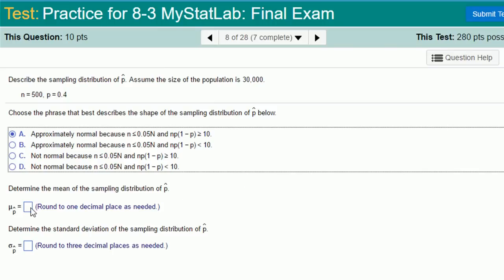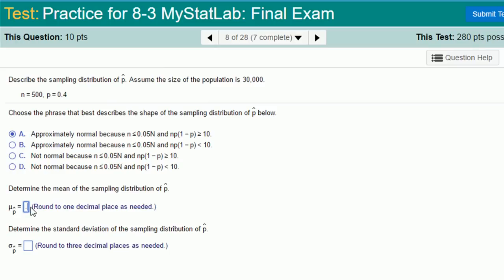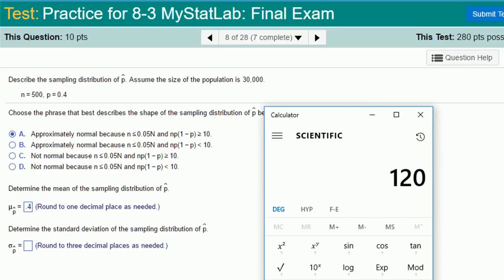Now the mean of p hat is also going to be the same as p from the probability distribution of the population, but the standard error is found by taking the square root of p, 0.4, times 1 minus 0.4, and then dividing by the sample size of 500, and that answer, I take the square root of that number.